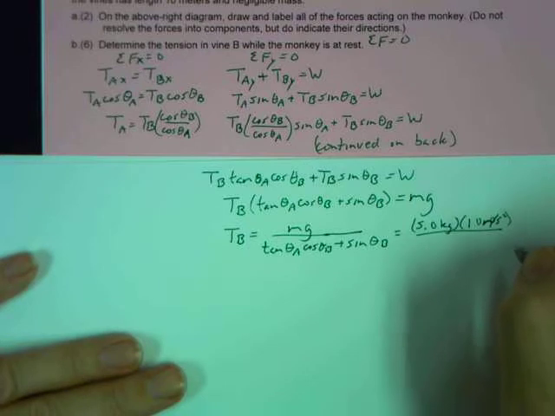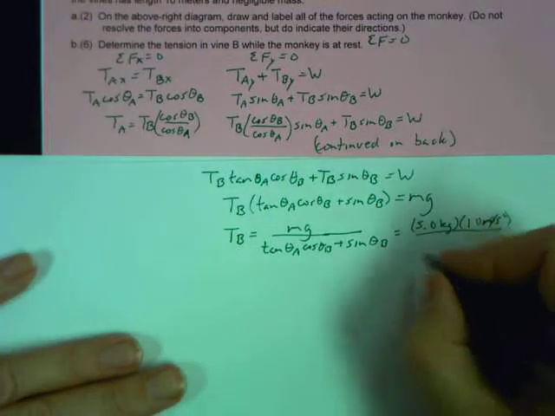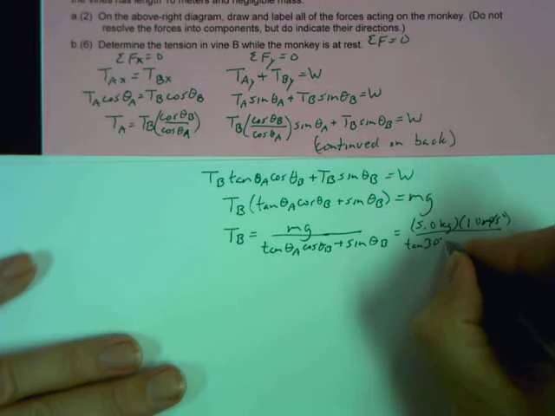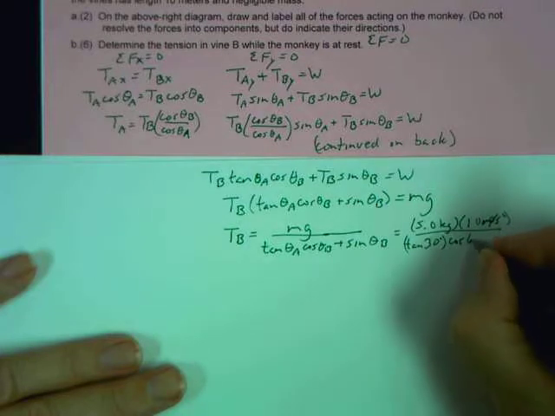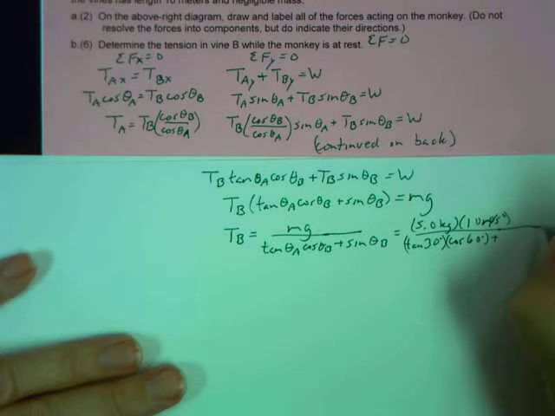On the bottom, tangent of theta a. I'm going to have to write down tangent of 30 degrees times the cosine of 60 degrees plus the sine of b, so that's 60 degrees.